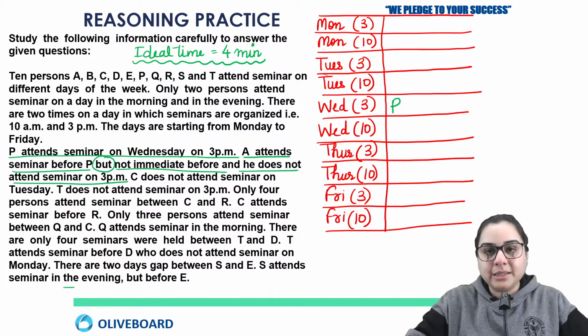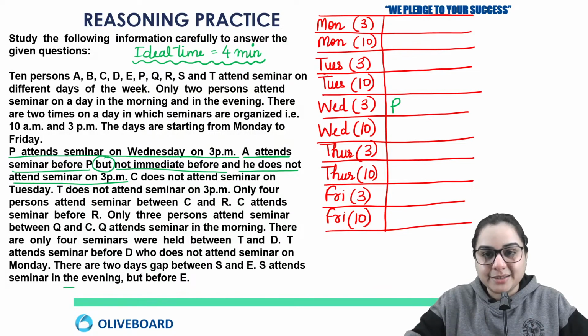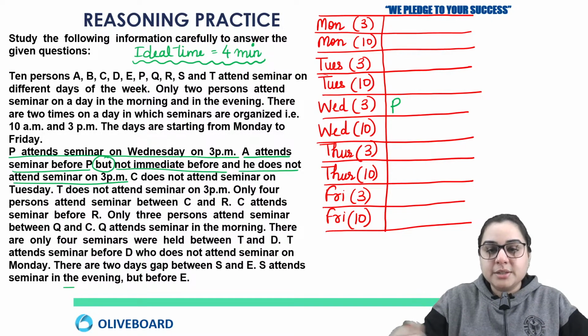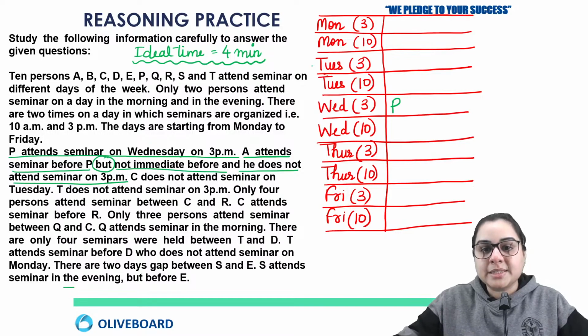So this line, I think you might misunderstand. What he is saying is that A attends seminar before P, but not immediately before. Now P attends seminar on Wednesday, so A should not attend seminar on Tuesday. This is what this line means.